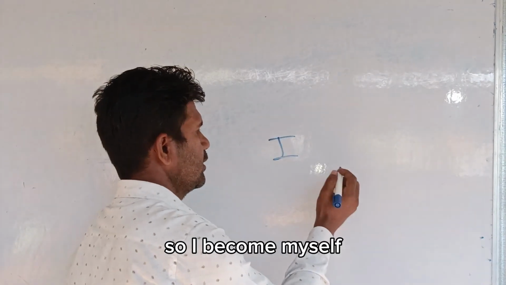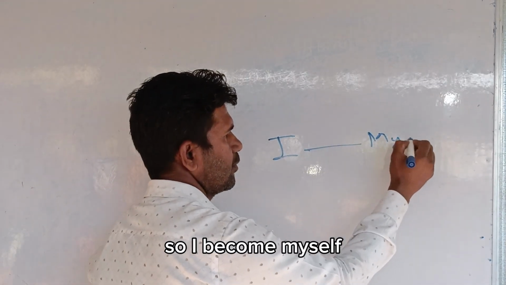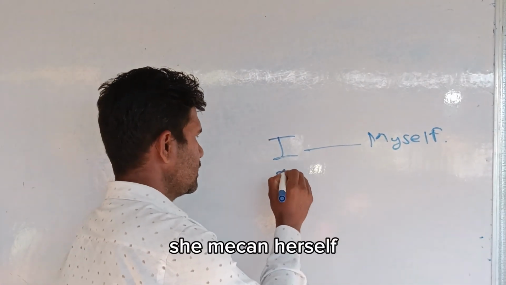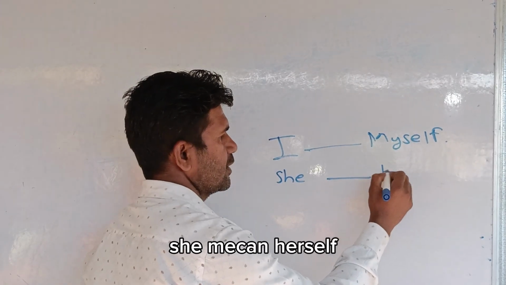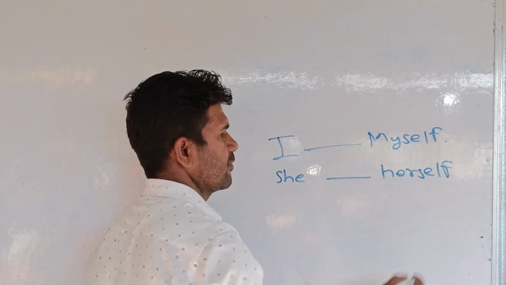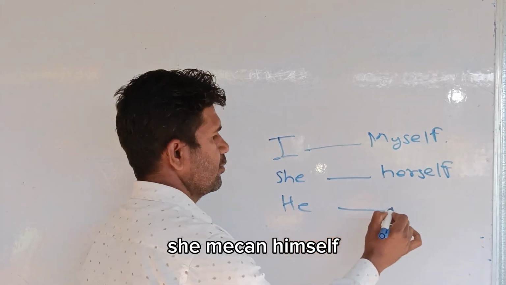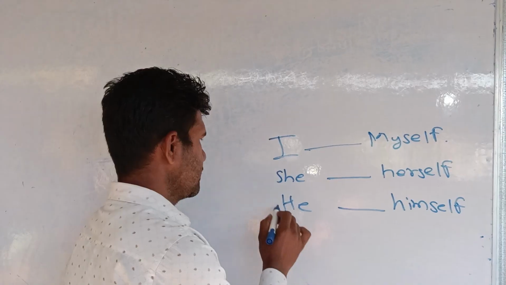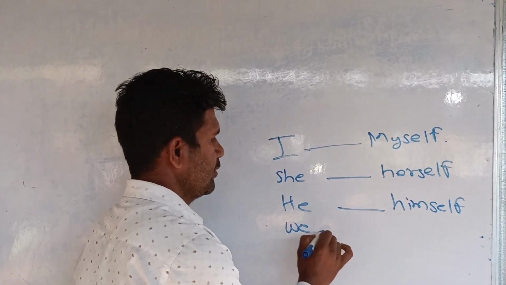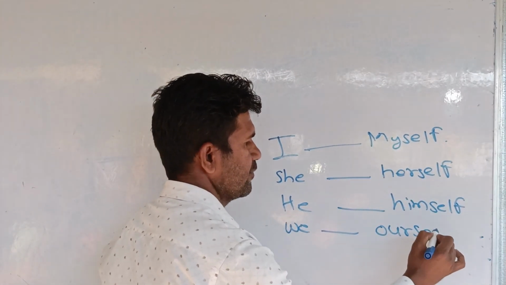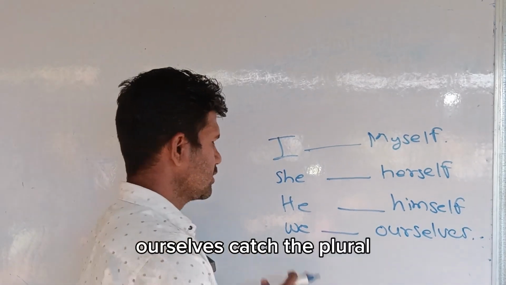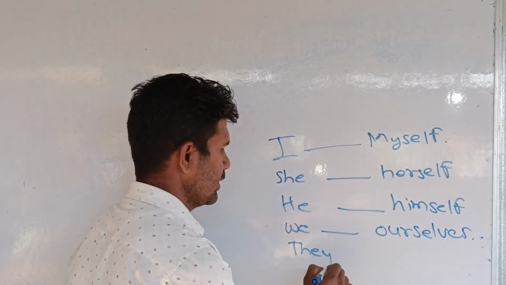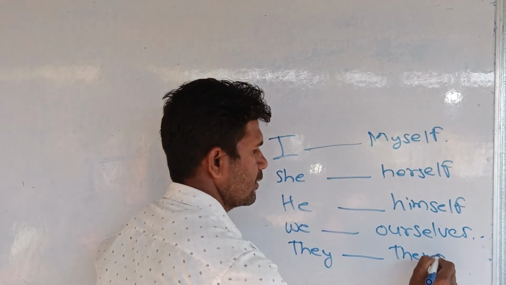So I become myself. She became herself. He became himself. We become ourselves. Ourselves, because it's plural. Then they. They become themselves.